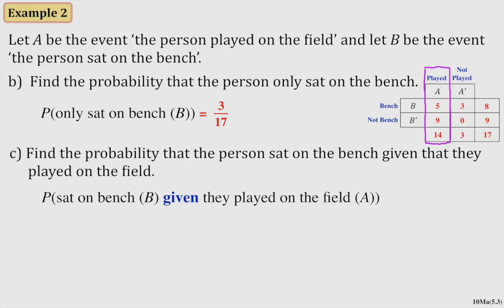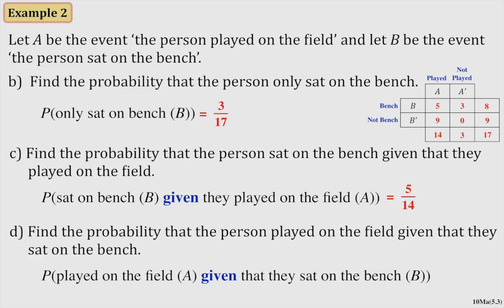If they played on the field, we're only drawing from this because the word given was used. If we're only drawing from this, how many of those people sat on the bench? 5 of them did. So 5 out of the 14 that played sat on the bench. So we get 5 out of 14.